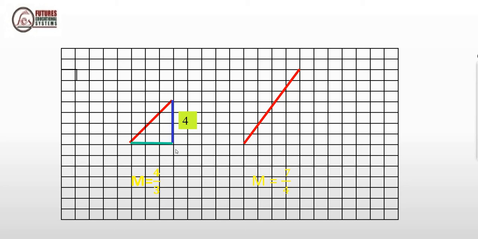We know the slope equals difference in y over difference in x between any 2 points. Therefore, the first slope equals 4 over 3. The second slope equals 7 over 4.